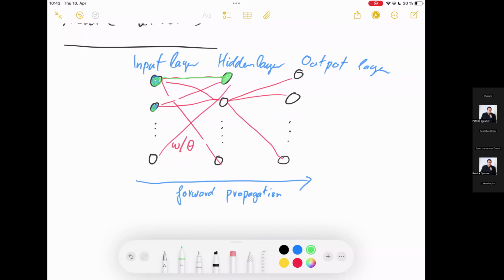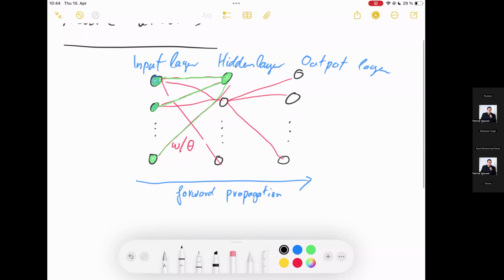Then I take the next input unit and multiply it with the corresponding weight. For each unit in the input layer, I take the input value and multiply it with the corresponding weight. So I have a lot of products, always value times the corresponding weight, and I sum together all of these products. So I have a sum of products.